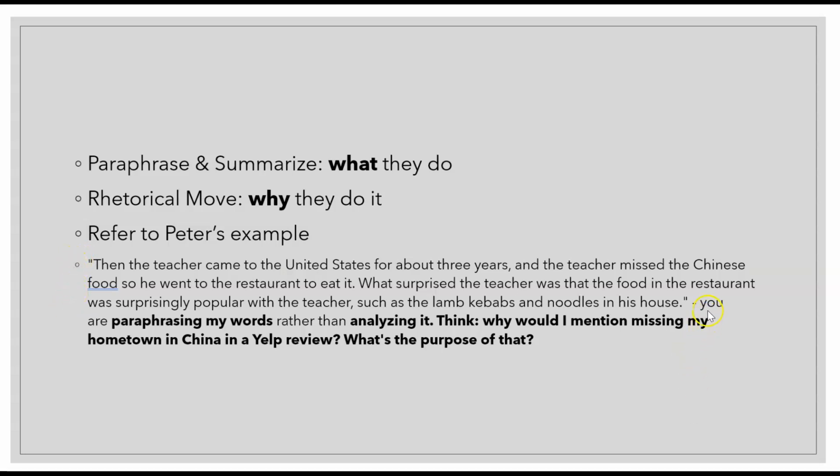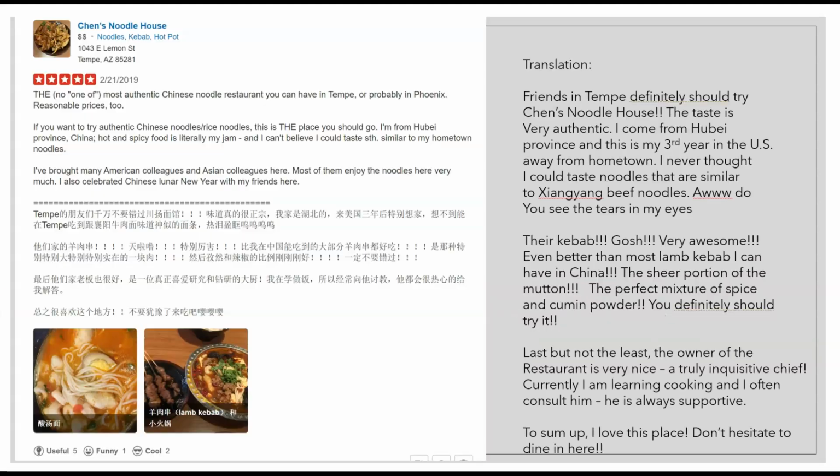So I tell him, you are just paraphrasing my words rather than analyzing it. If you want to analyze it, then you need to think, why would I mention missing my hometown in China in a Yelp review? And what is the purpose of it? These are similar to previous questions I raised, like, why would I include 2 languages in a review?